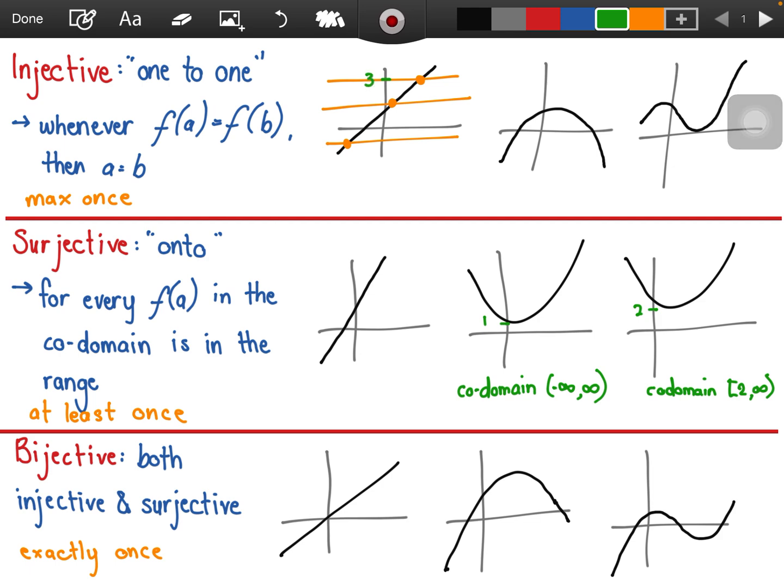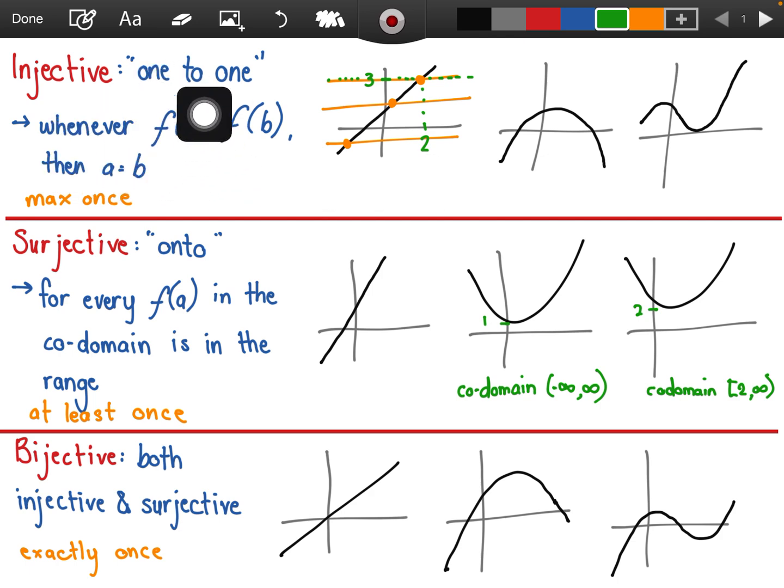There is no x coordinate other than this one, let's say 2, that will give a y value of 3. So anytime I have an input giving a y value of 3, that input must be 2. That's what we're talking about when we're saying injective.